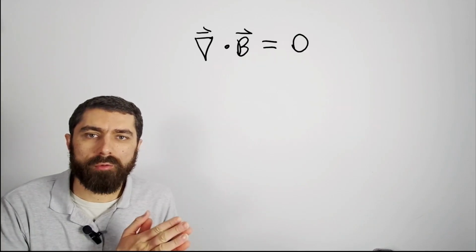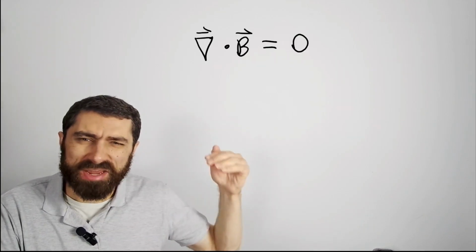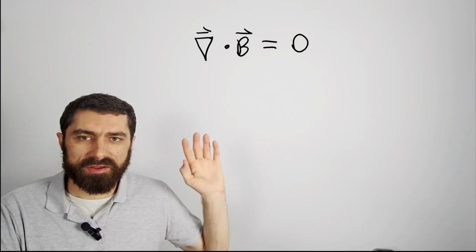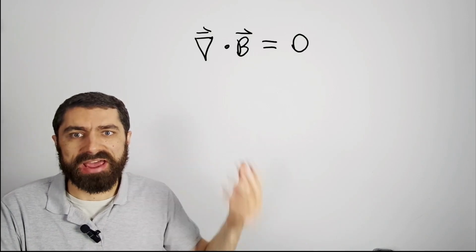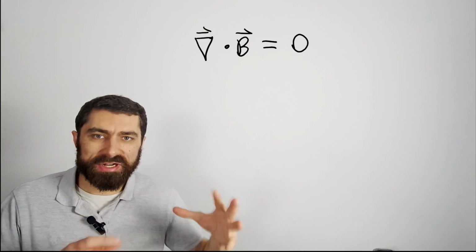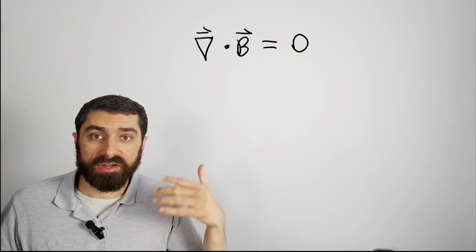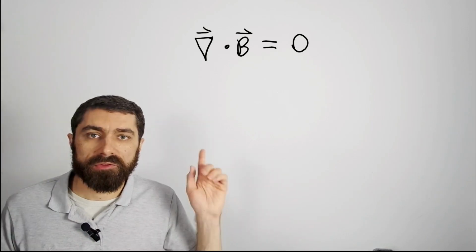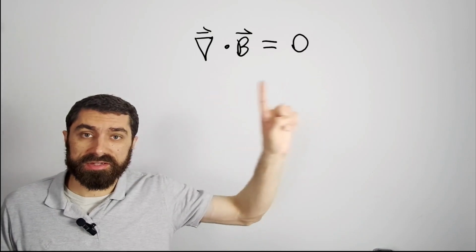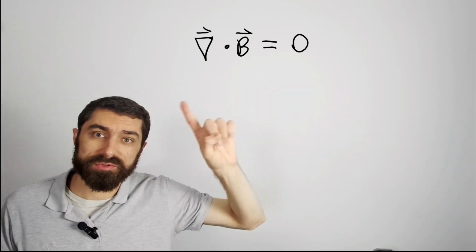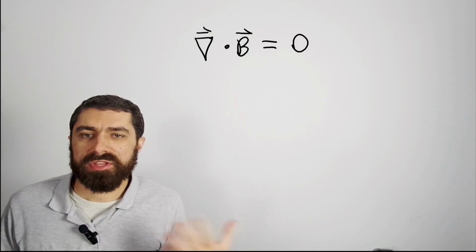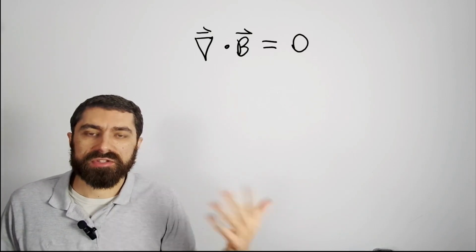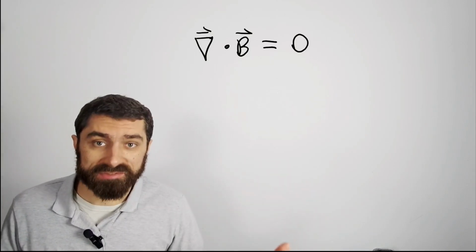All right, so now I want to take the time to step through the three other Maxwell's equations that have B in them and really try to understand what they are saying. The first one is del dot B equal to 0. You could think of this as Gauss's law for magnetic fields.